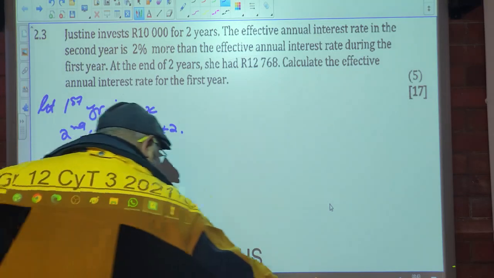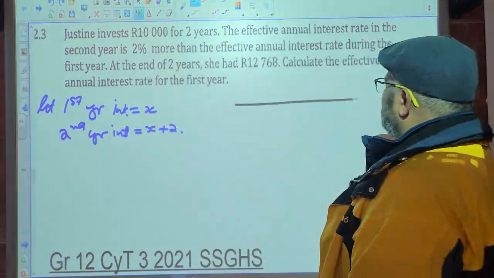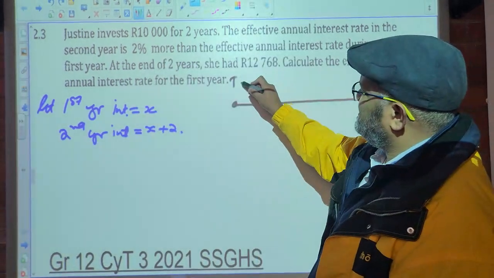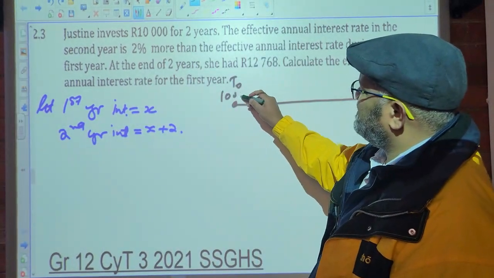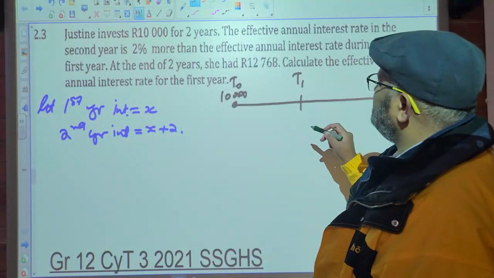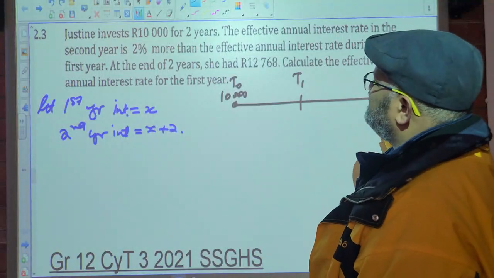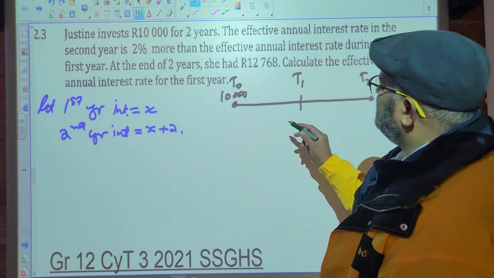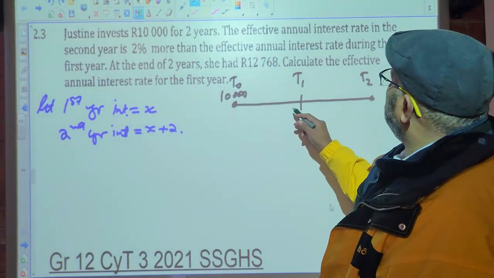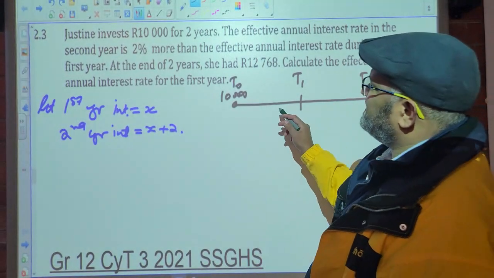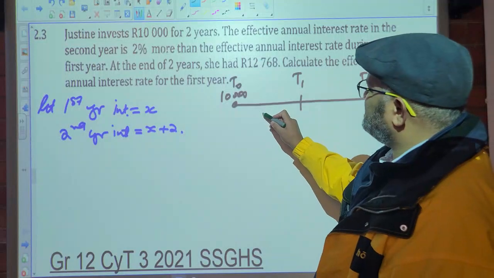Okay, so what happens is that, say I set up a timeline. T0 is 10,000, not so. And then T1 to T2. So, effective annual interest rate in the second year is 2% more. So this is going to be X percent.